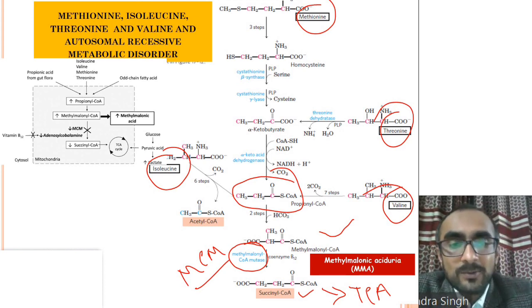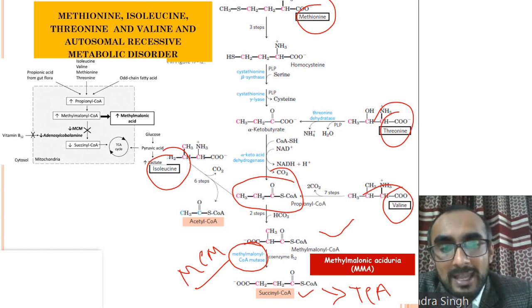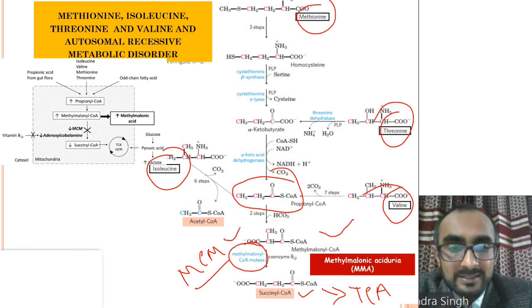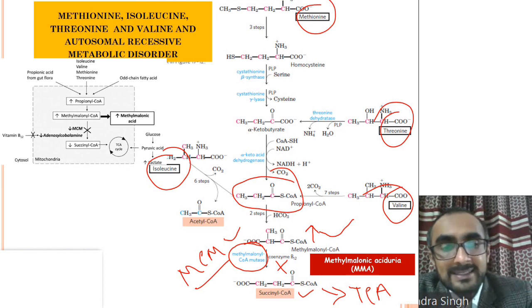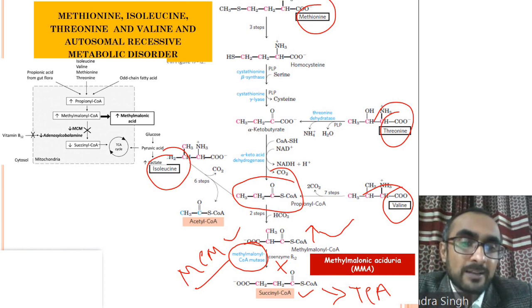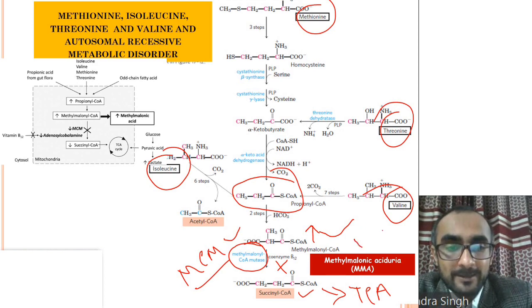So in case of any mutation in MCM, this methylmalonyl coenzyme A mutase enzyme, this reaction is stopped, and when this reaction is stopped, methylmalonyl coenzyme A starts accumulating in the cell, and is also converted into methylmalonic acid, and this disease is called methylmalonic aciduria, MMA.